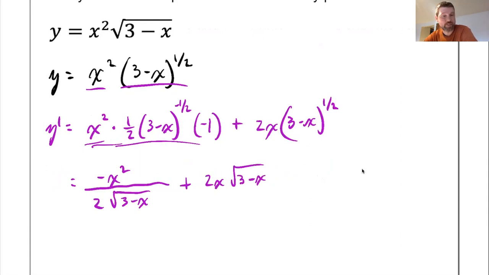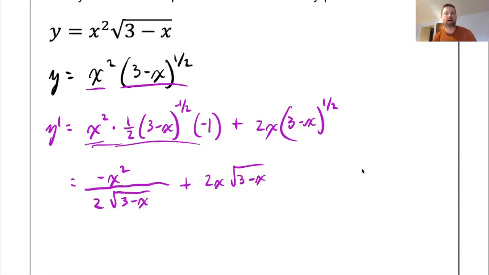All right, just a reminder where that came from. Since that's a 1/2, there's a 2 in the denominator. That x squared times -1, that's where I got the -x squared. And a -1/2 power would be the square root, but in the denominator. That's where this came from.